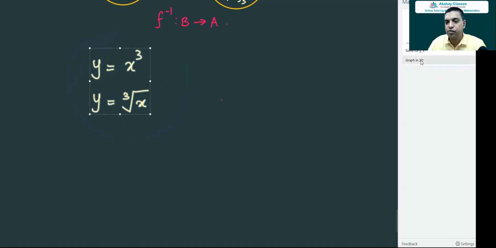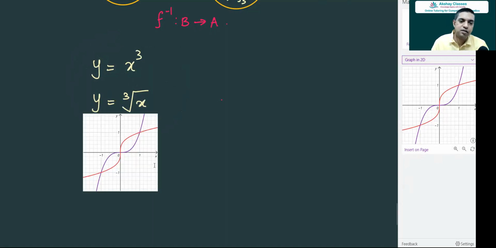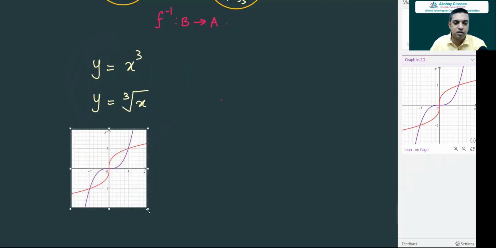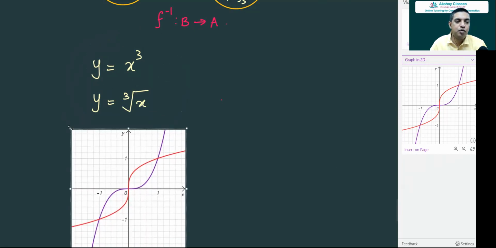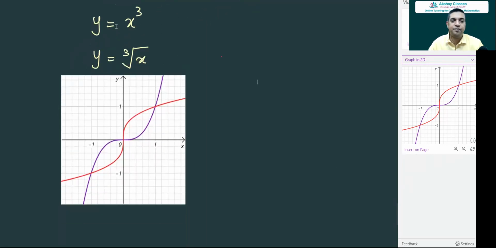Yes, I'll be able to show. So cube root of x is nothing but an inverse of x cube.